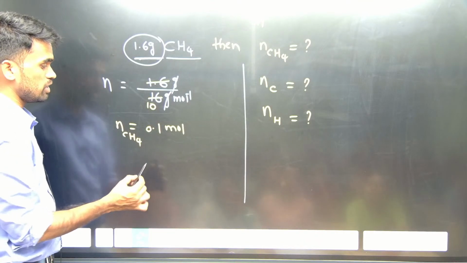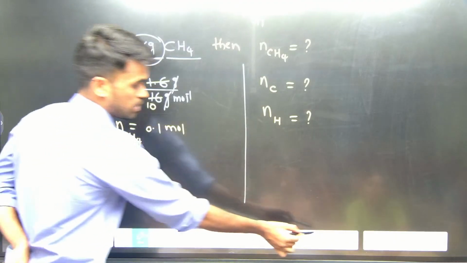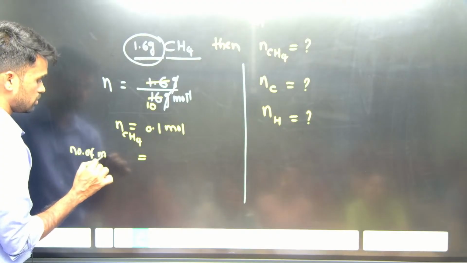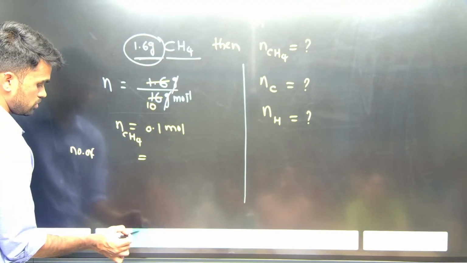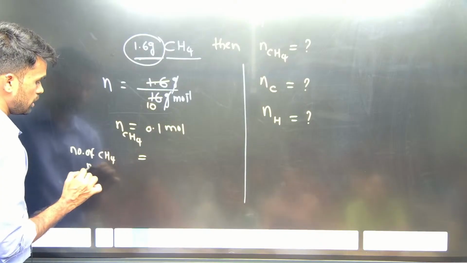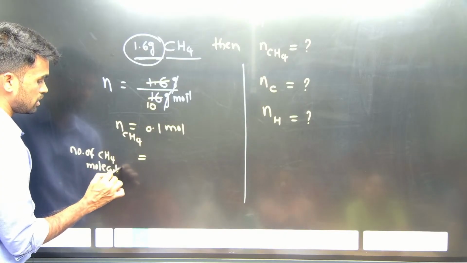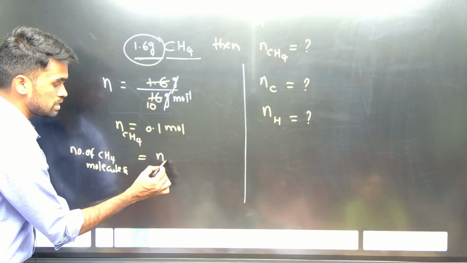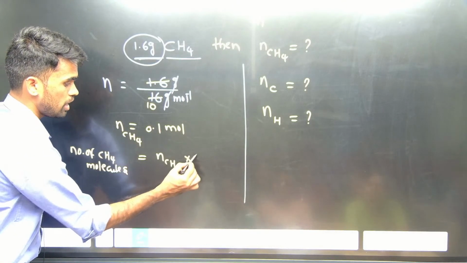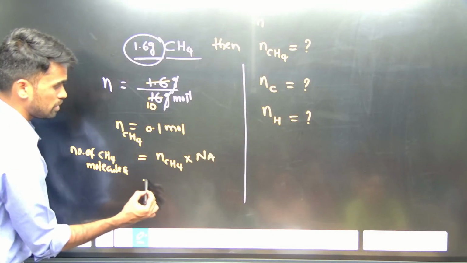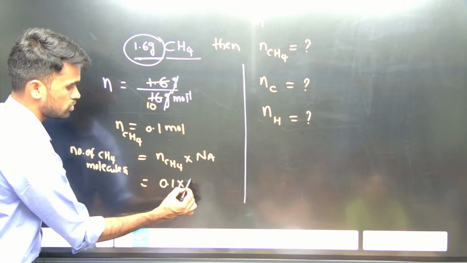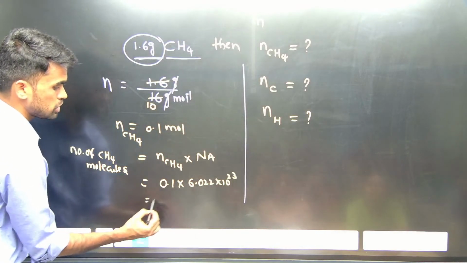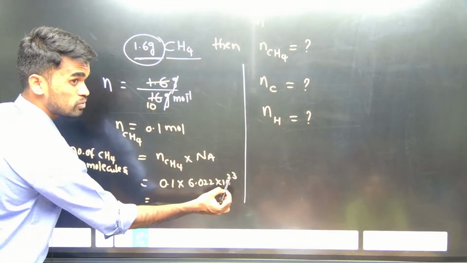Even if I ask you the number of methane molecules, what will be your answer? Number of moles of methane into Avogadro number. So 0.1 into 6.022 into 10 power 23. Now 0.1 is there, here 10 power 23 is there.